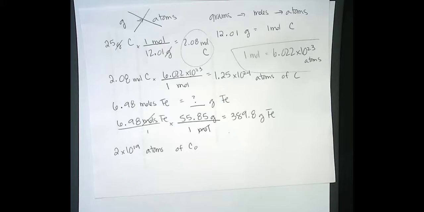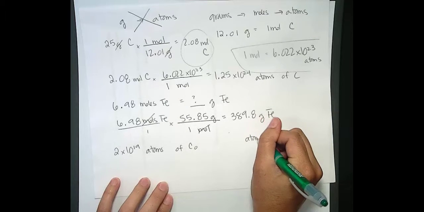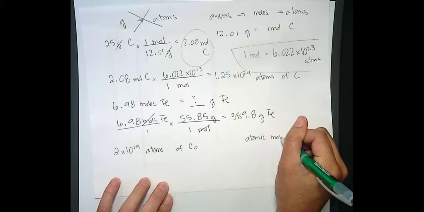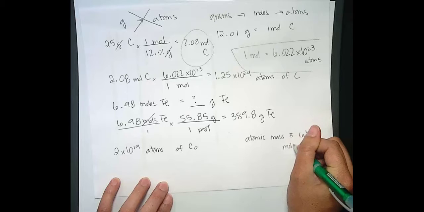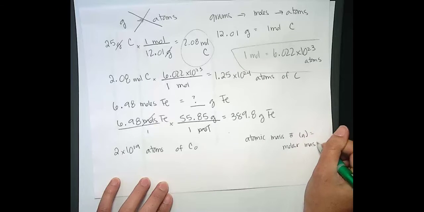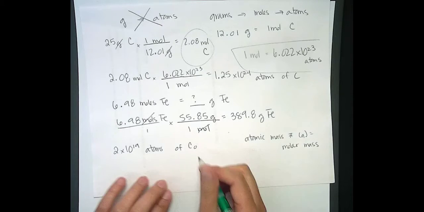Well, in order to go from atoms to grams, I have to go through the molar mass of cobalt. So the atomic mass number with the gram after it is called the molar mass. That means the mass of 1 mole of that element's atoms.